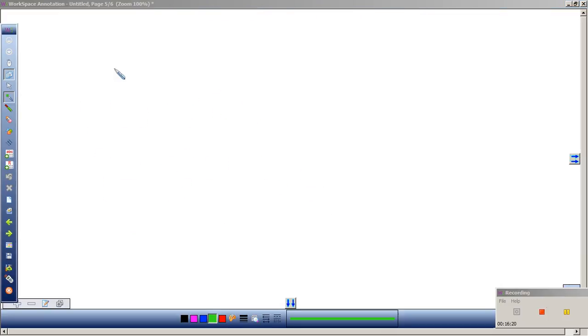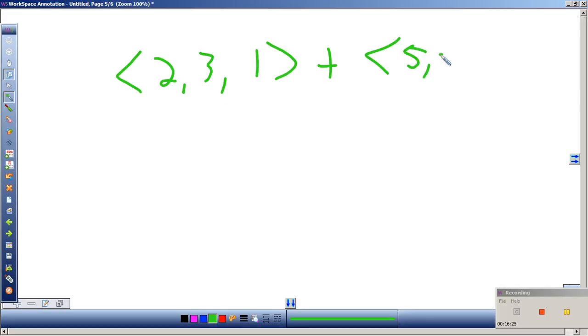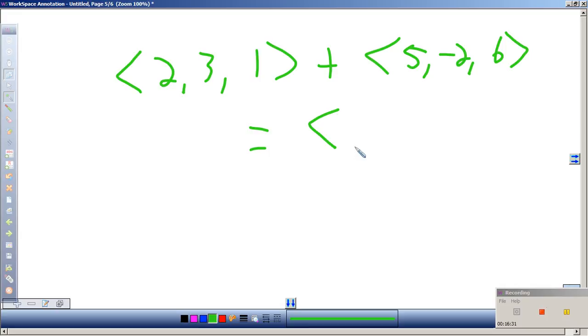So if we were doing, say, 2, 3, 1 plus 5, negative 2, 6, what do I get? And order doesn't matter whether I add one before the other. As long as you do both of them, you're going to get the same answer.